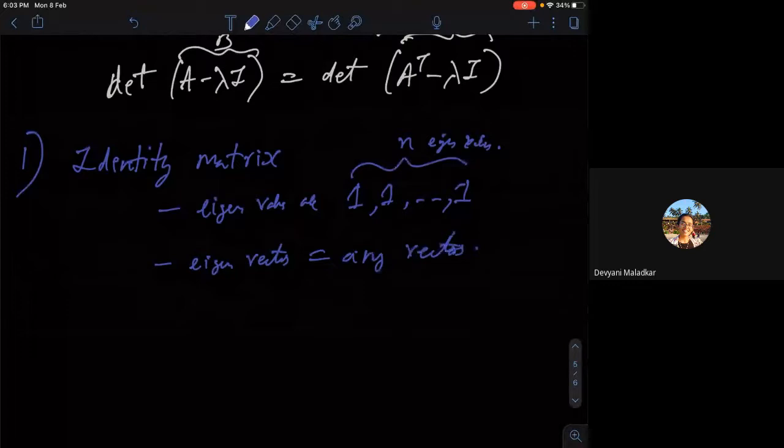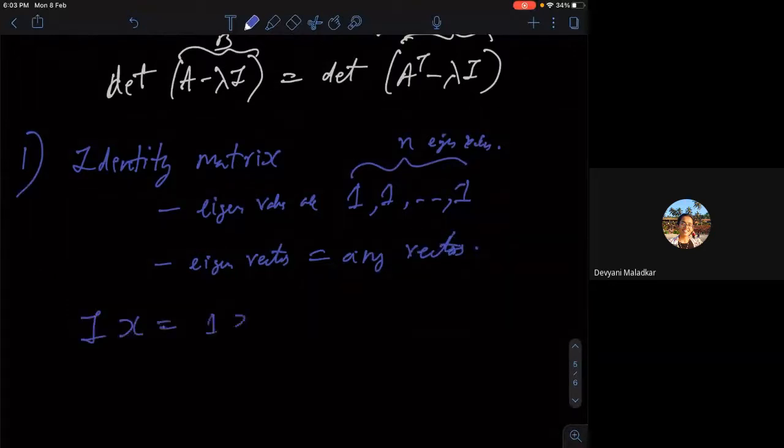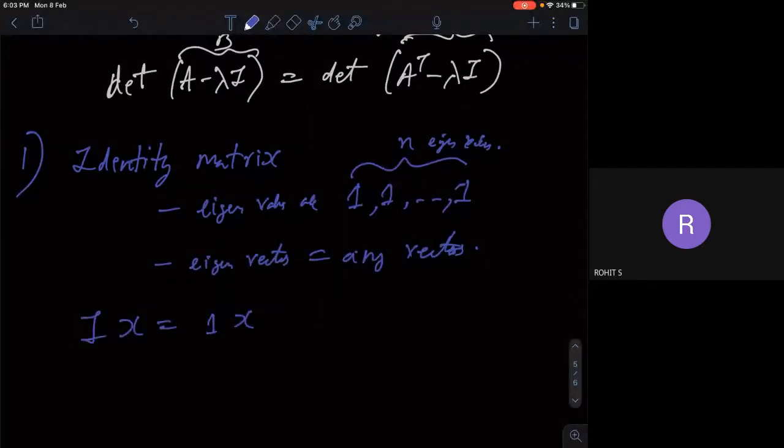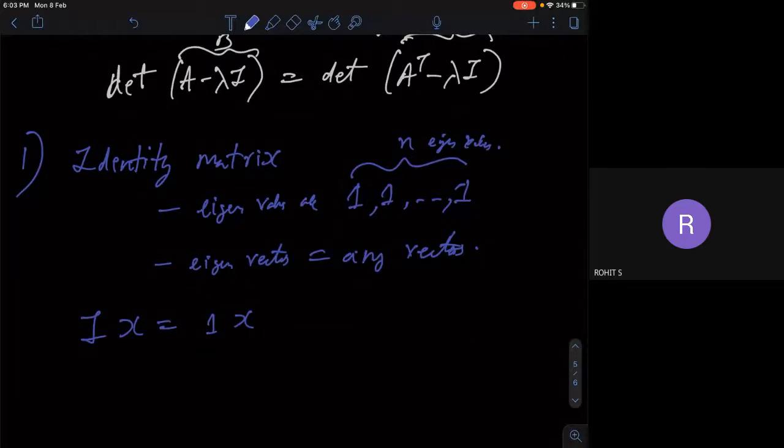Why? Because an identity matrix times x is the same as 1 times x for any vector, right? Yes, sir. So any vector is an eigenvector for the identity matrix. It has n repeated eigenvalues, and any vector is an eigenvector.